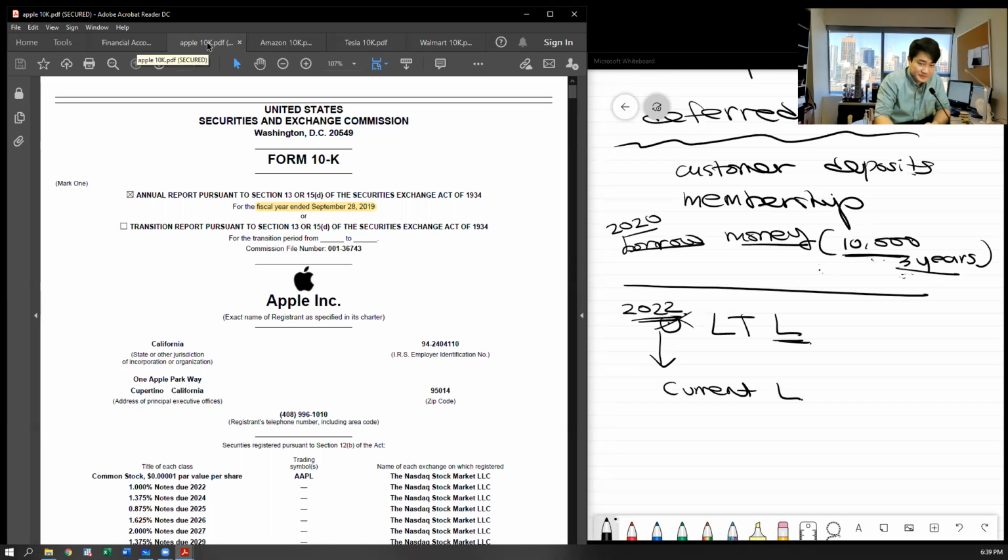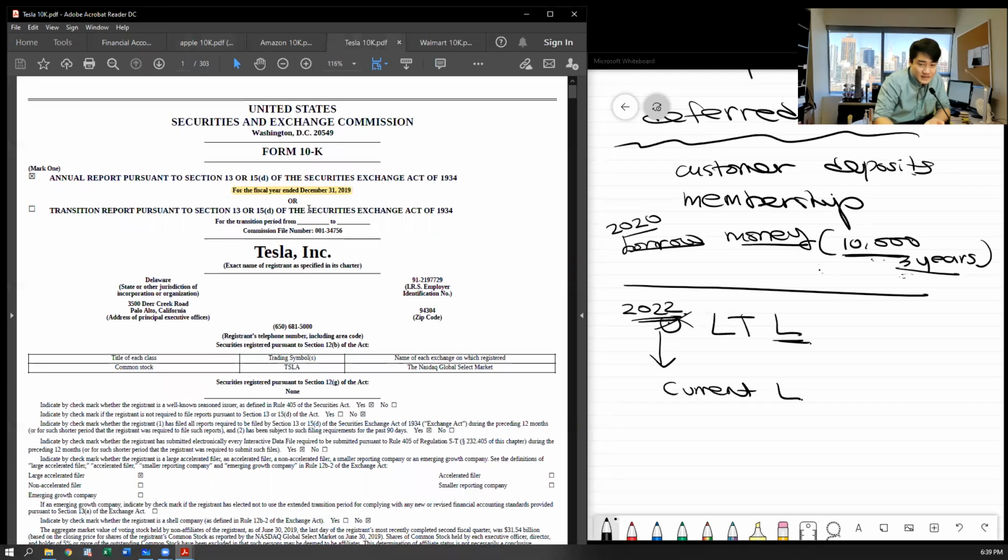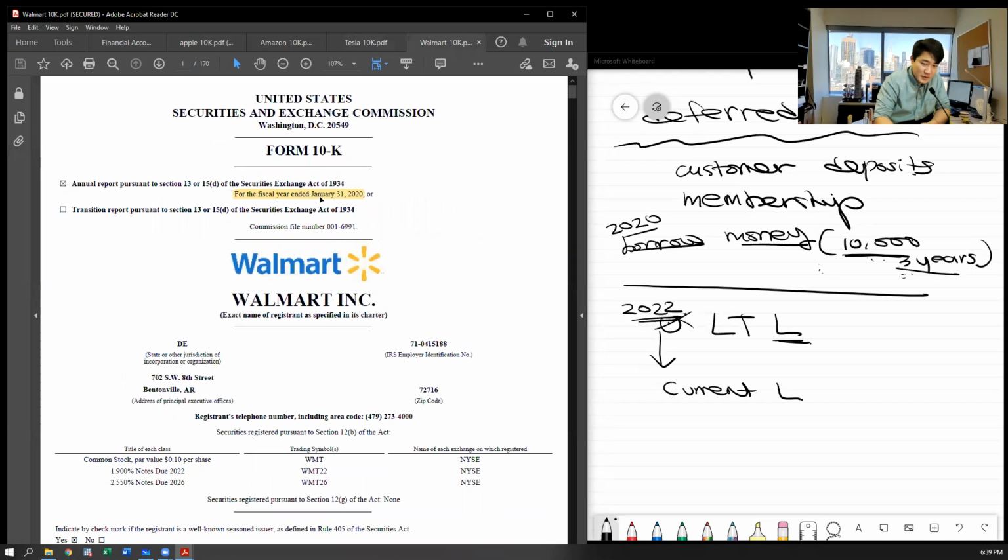Okay. For Tesla, same thing. January 1st to December 31st is their operating cycle. Walmart is different. Their year-end cut is January 31st. So what that means is February 1st to January 31st of the next year will be their operating cycle. Okay, so different companies elect different operating cycles.